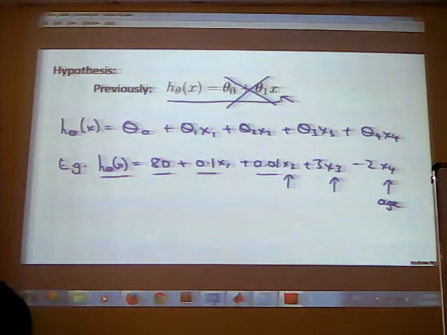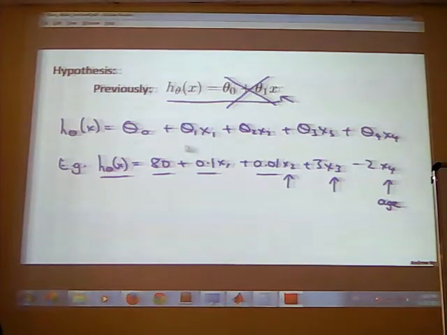Previously we had a hypothesis like h of x equals theta 0 plus theta 1 x. Now we have a number of features available with us. So the new hypothesis is going to be somewhat like this: h of x equals theta 0 plus theta 1 x1 plus theta 2 x2 plus theta 3 x3 and so on.